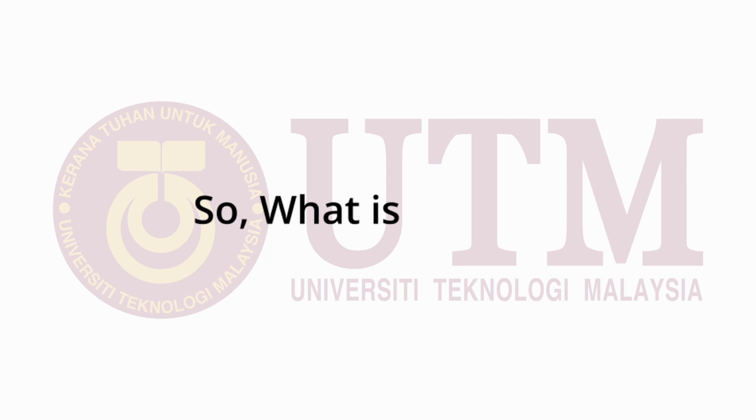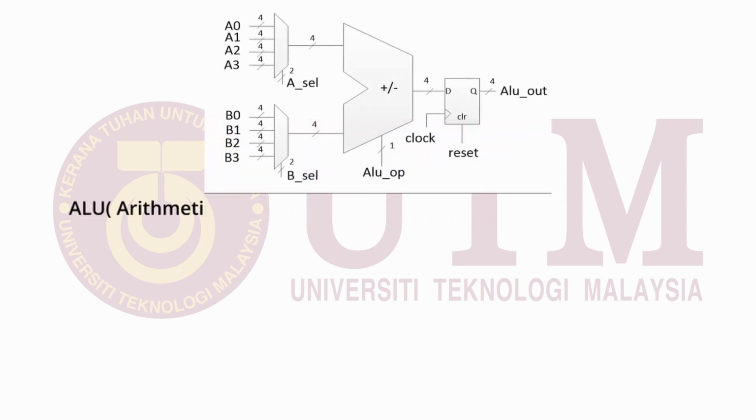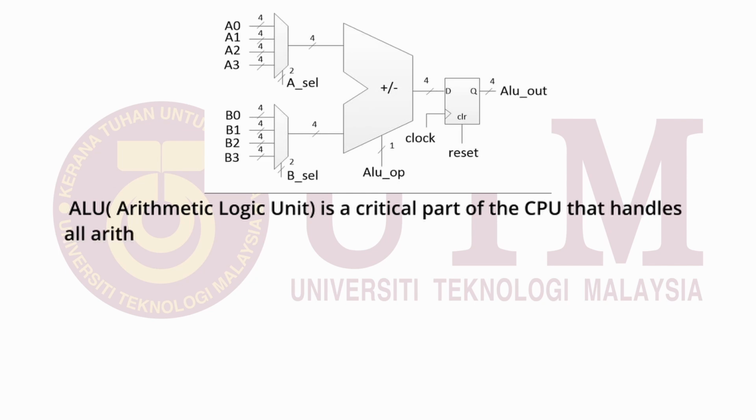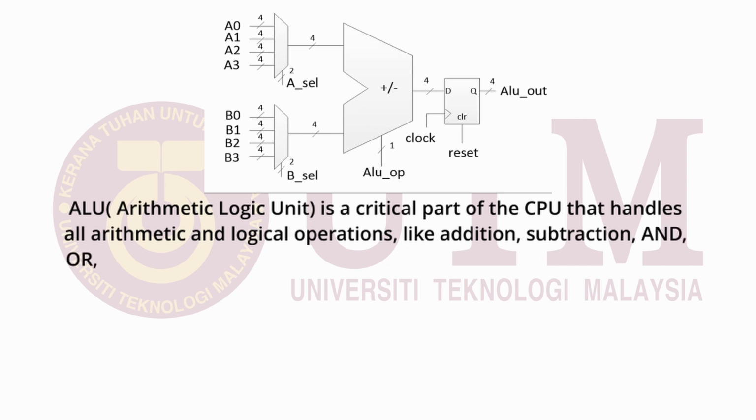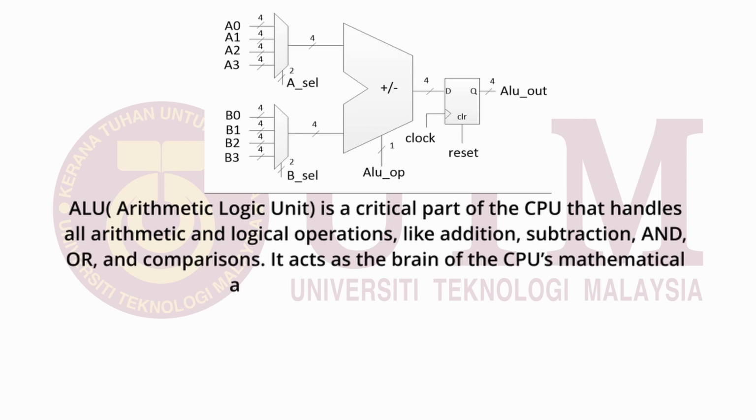So, what is an ALU? ALU, Arithmetic Logic Unit, is a critical part of the CPU that handles all arithmetic and logical operations like addition, subtraction, and comparisons. It acts as the brain of the CPU's mathematical and decision-making processes.